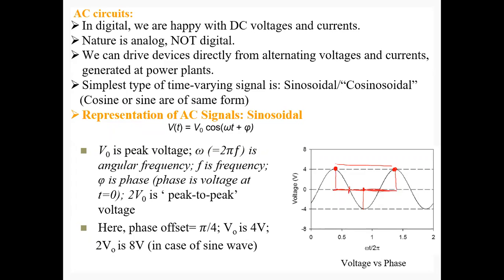This guy is 90, and half of this is 45. So this phase offset is 45 degrees, pi over 4 in radians.